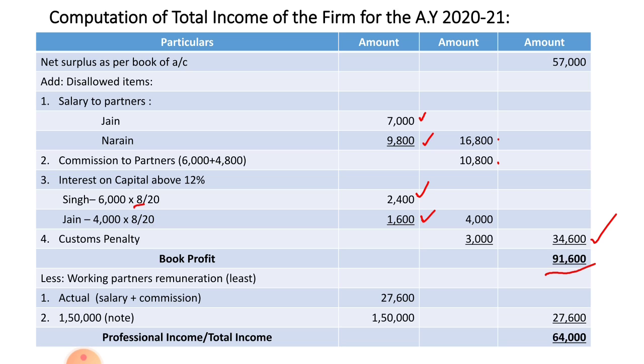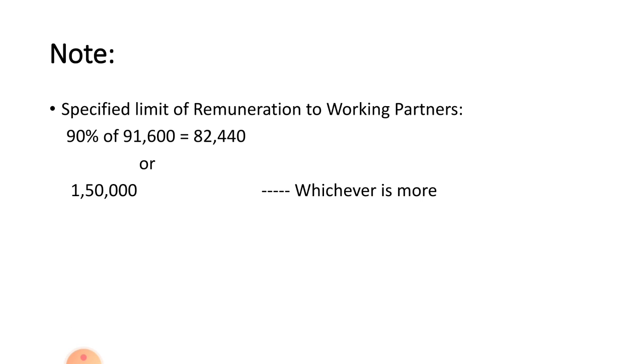When you deduct this 27,600 from the book profit, you get professional income as 64,000. So the total income from profession amounts to rupees 64,000 and the book profit of the firm amounts to rupees 91,600. This is the note relating to that.